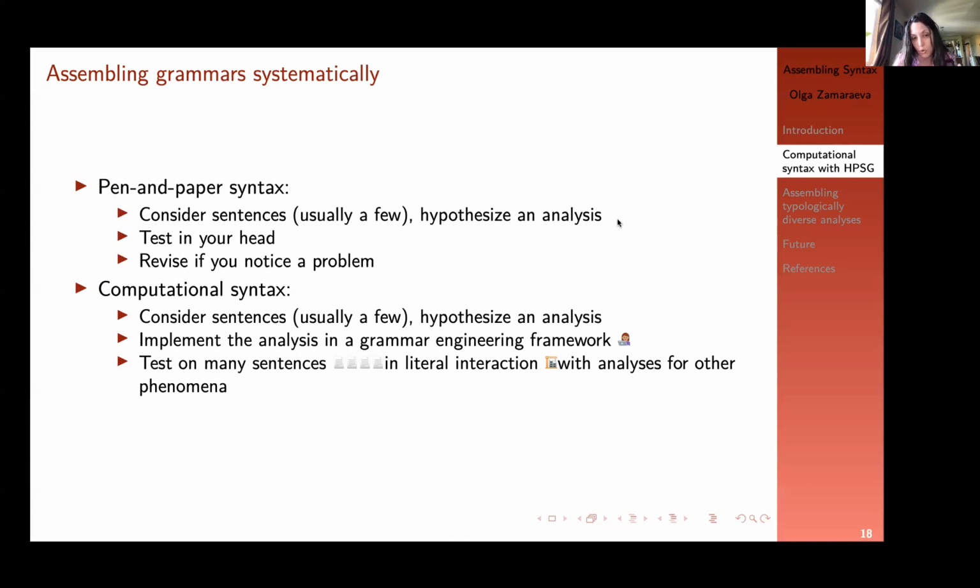You somehow need to make sure, when you are testing in your head or with pen and paper, that you are not forgetting any single detail of all those analyses, and that's hard. So in computational syntax, we similarly revise hypotheses when we encounter problems, but we hopefully do all of this in a slightly more systematic manner.